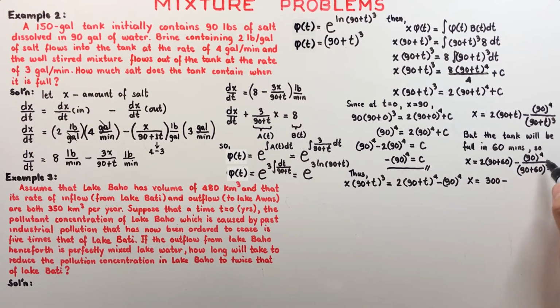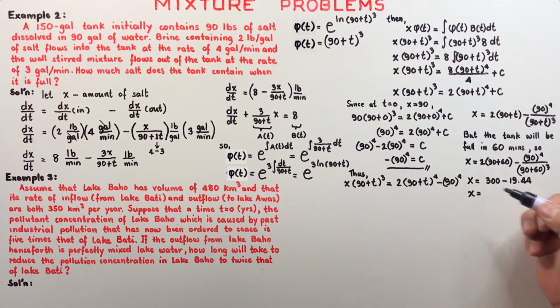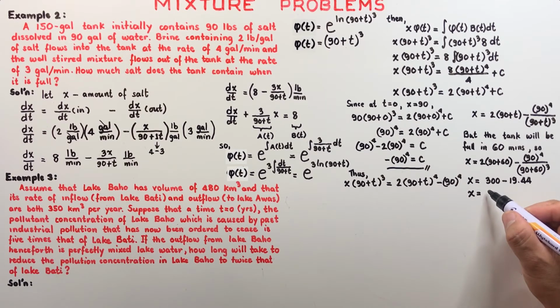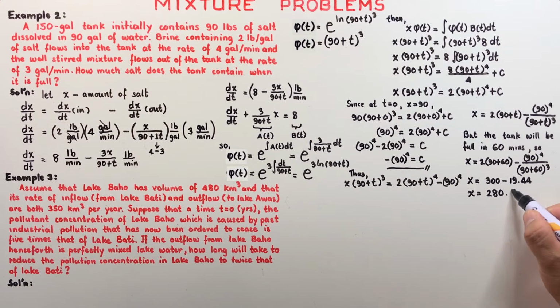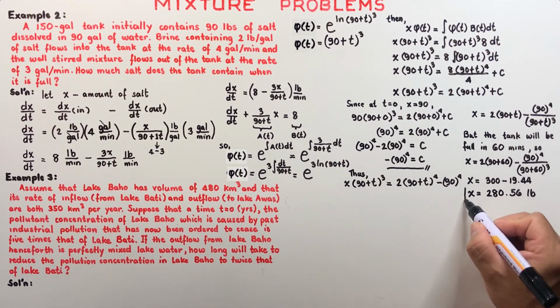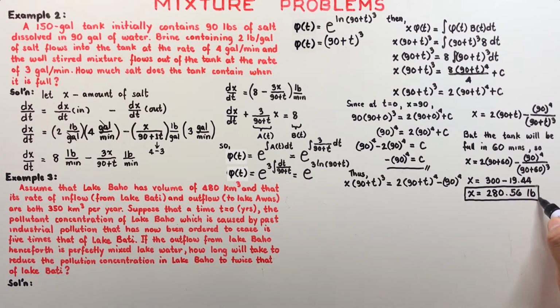And using our calculator, this fraction is equal to 19.44. Hence, the amount of salt inside the tank when it is full is equal to 280.56 pounds of salt. So this is the amount of salt present in the tank when it is full.